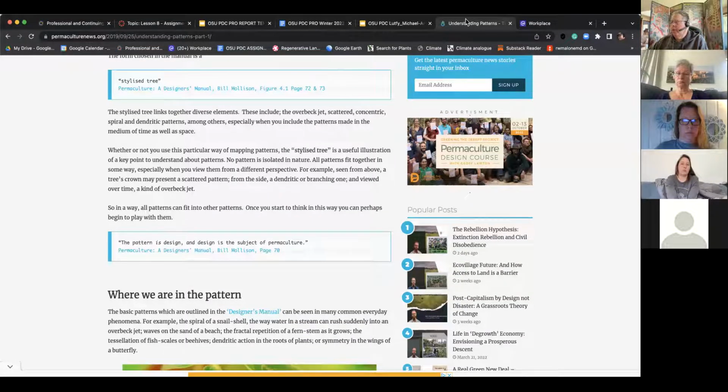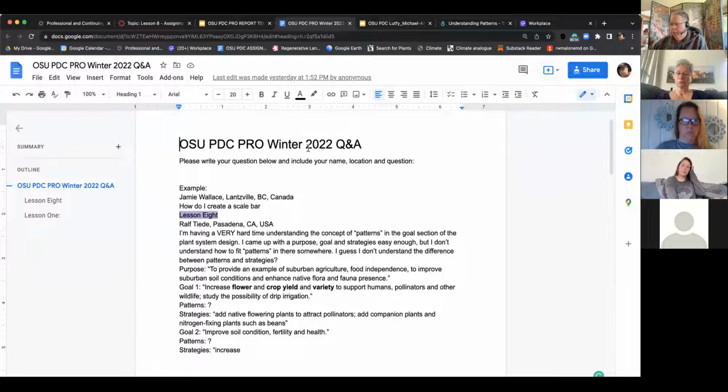Okay, so let's go back to the question here, which I think I partially answered. Ralph is saying he doesn't understand how to fit patterns into the design. Yeah, and the pattern is not a strategy.